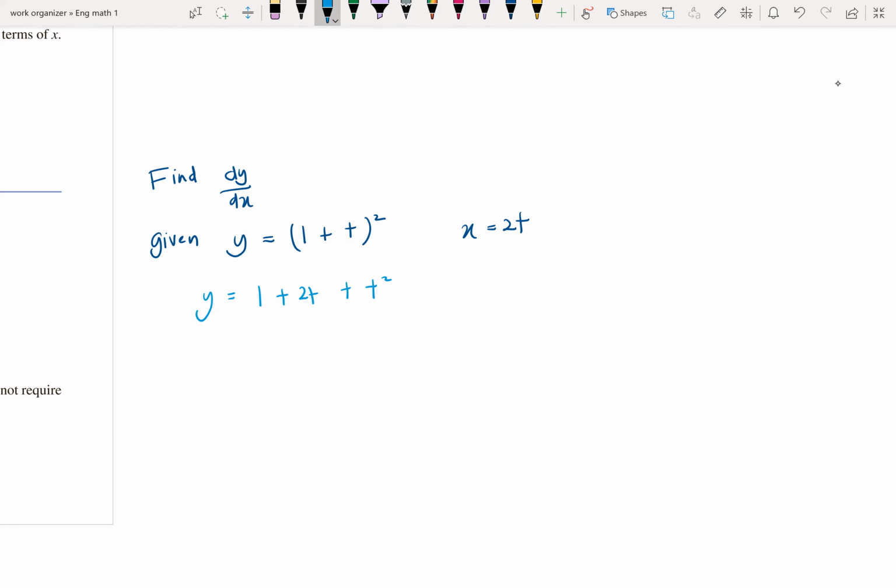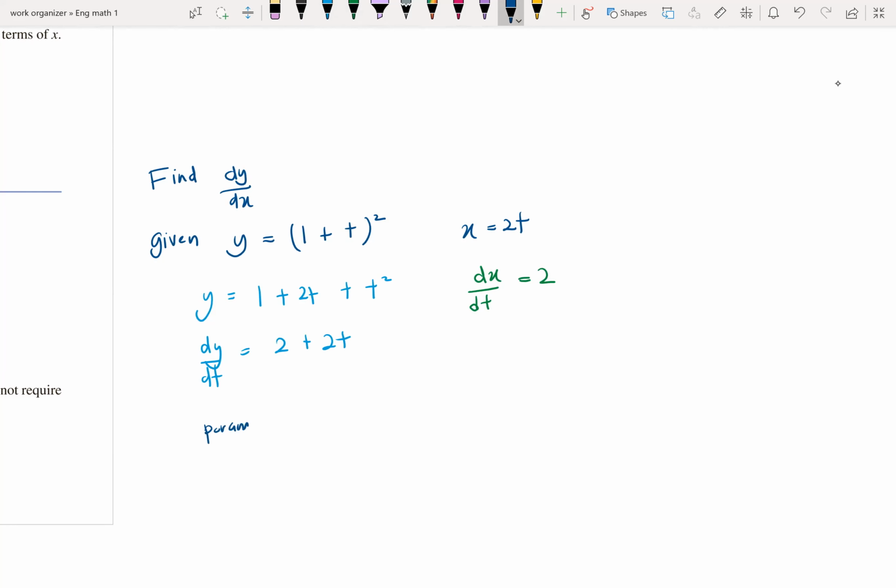So dy over dt is equal to 2 plus 2t. And then we differentiate x, dx over dt, so we have 2.